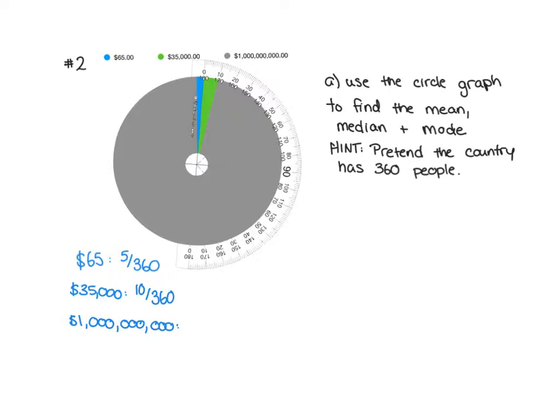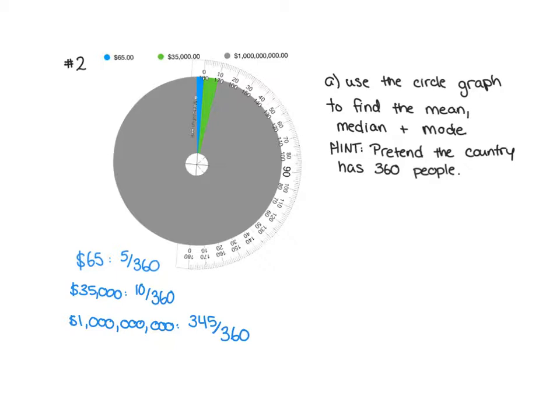We can just look at how many people there are left over. So if we had 360 altogether, and there are 5 and 10 that have the other ones, that's 15. 360 minus 15 is 345 out of 360 people. Now, if we wanted to simplify each of these fractions, but have them still have the same denominator, we could divide each of them by 5.